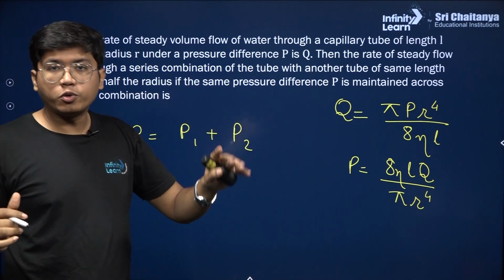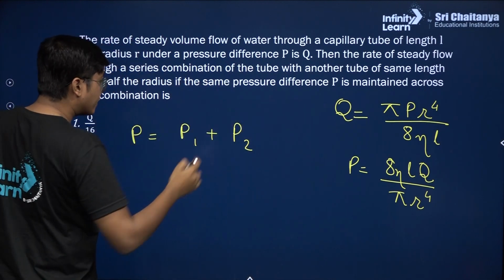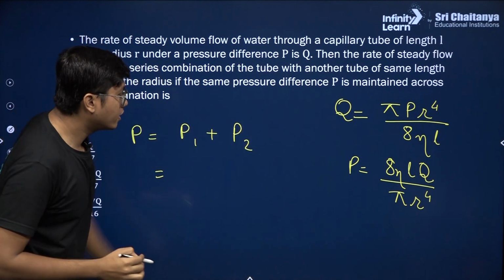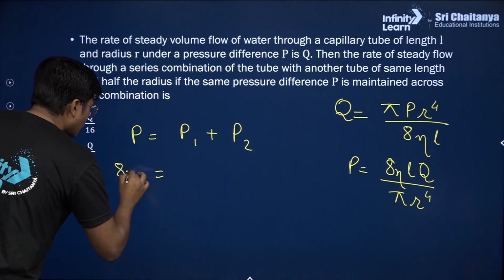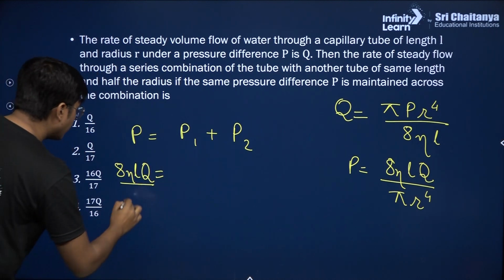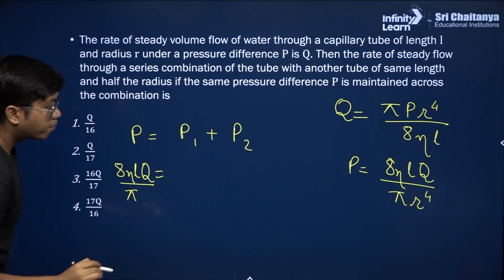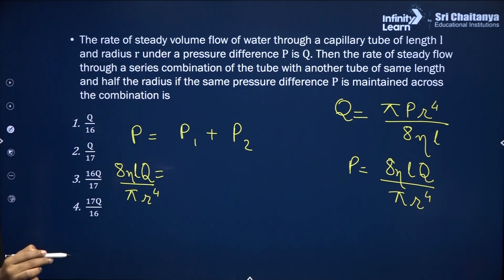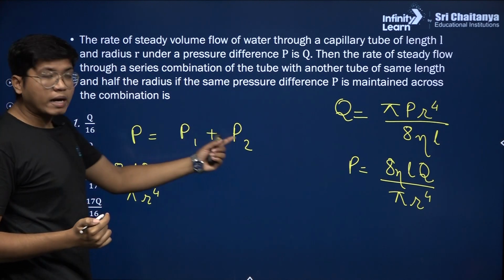Let the flow rate be Q dash for each of the pipes. Then this P would just be 8 eta L Q divided by pi r to the power 4, right? And on the other side I have P1 plus P2.